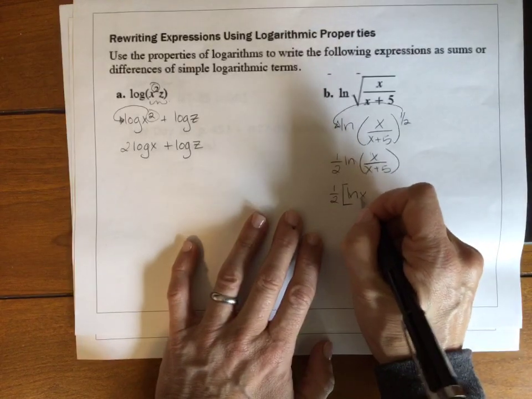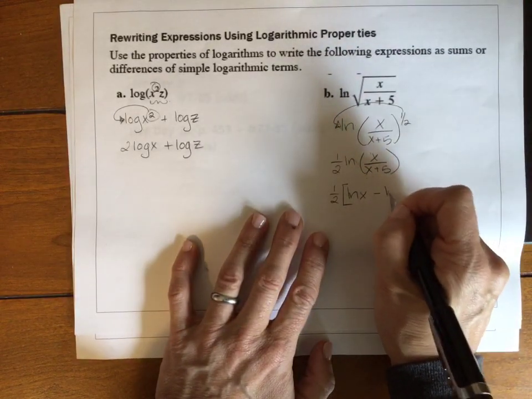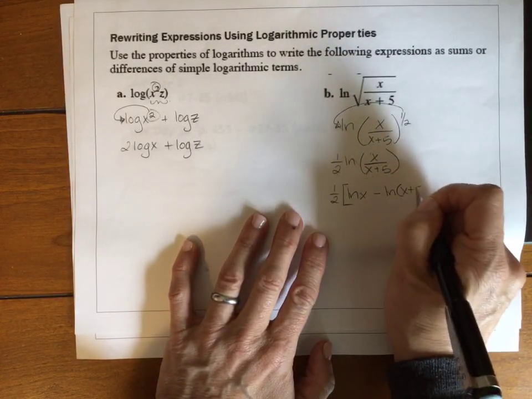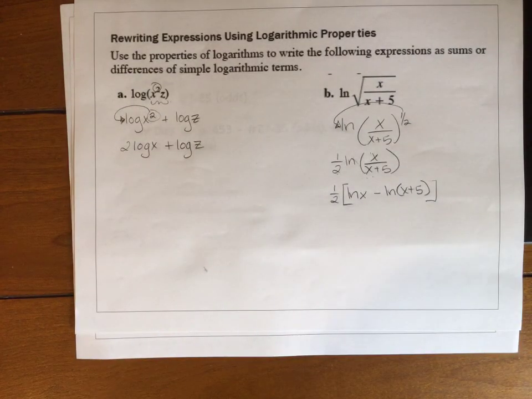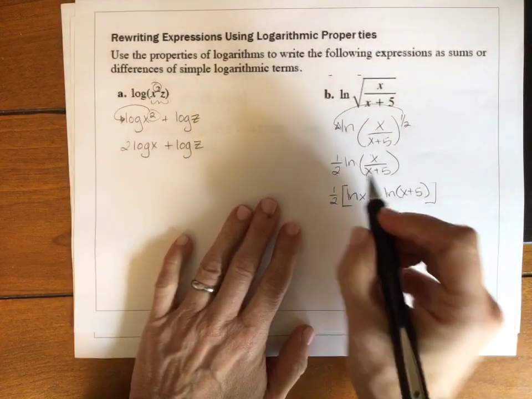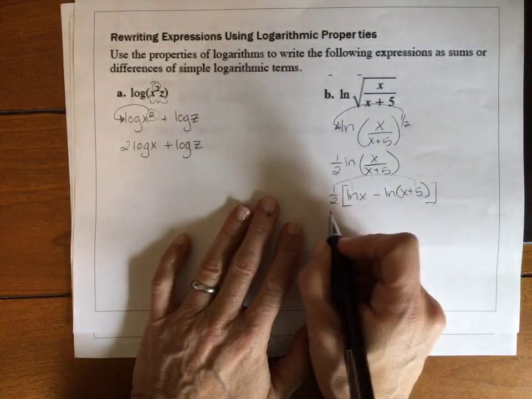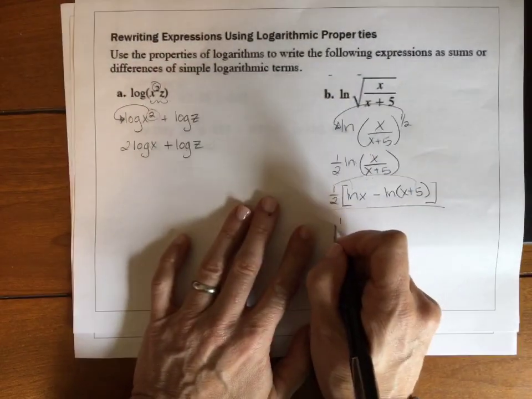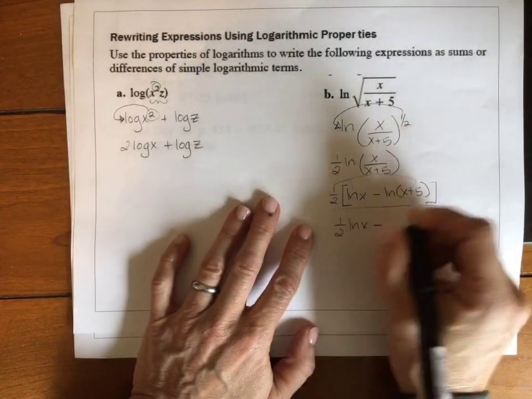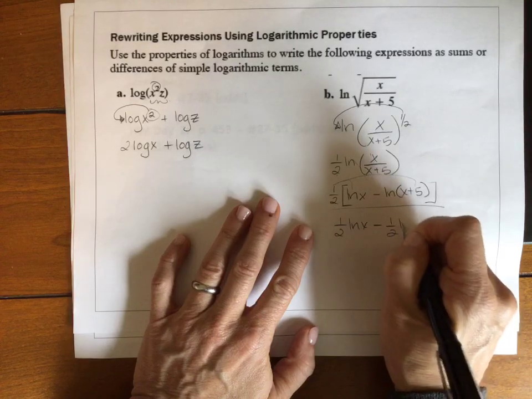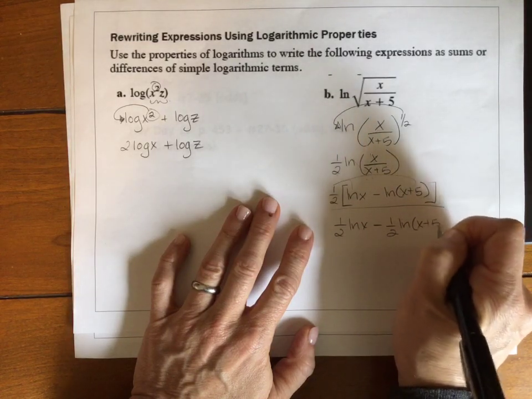So natural log of x minus the natural log of x plus 5. Right? And if I wanted to, I could go ahead and distribute, but I would accept this as an answer, or 1/2 natural log x minus 1/2 natural log of x plus 5.